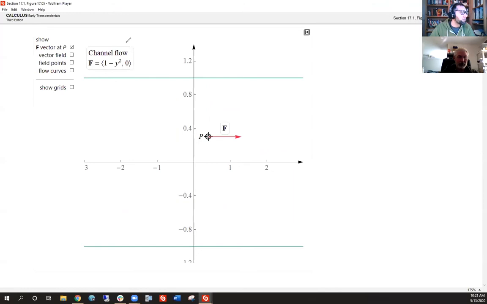This is channel flow. You can imagine that you have like the bank of a river here. I mean, the bank of the channel. This is where math and reality don't always work. And same thing here would be the lower bank.